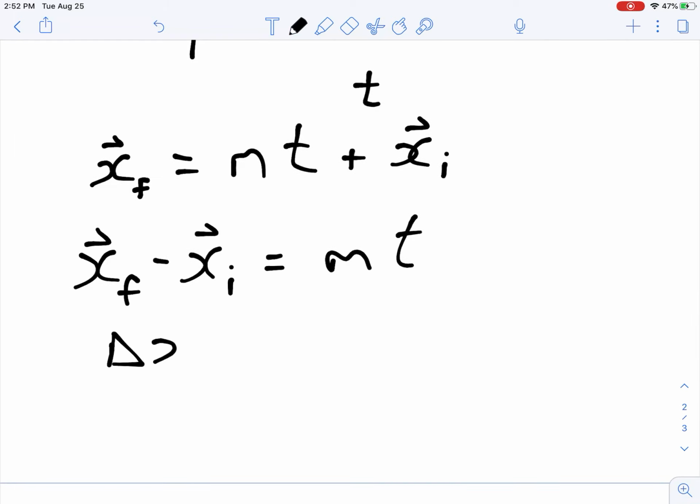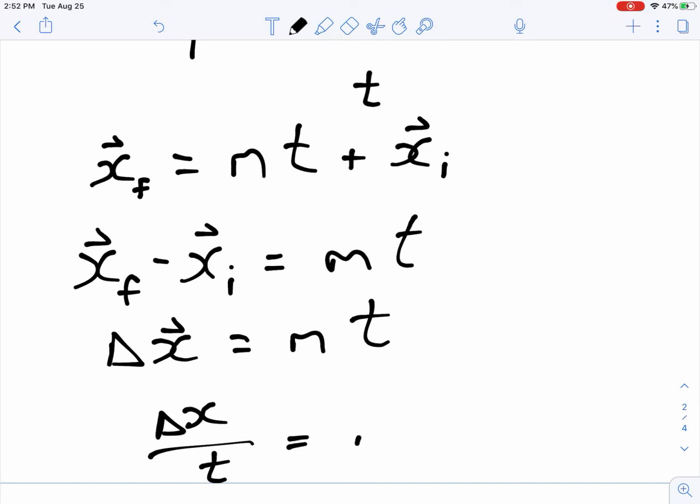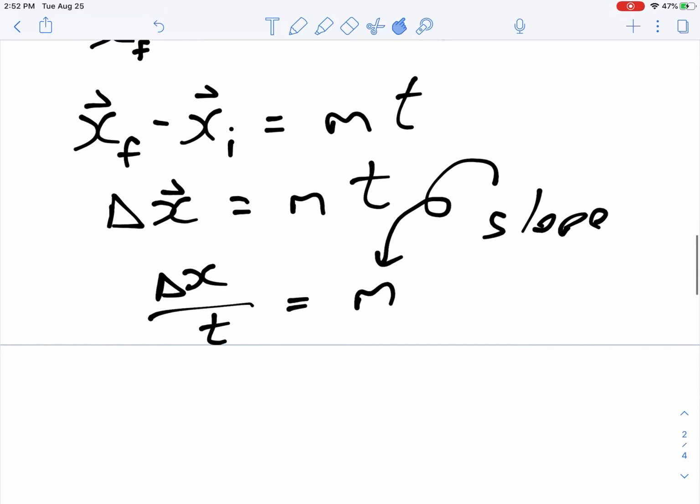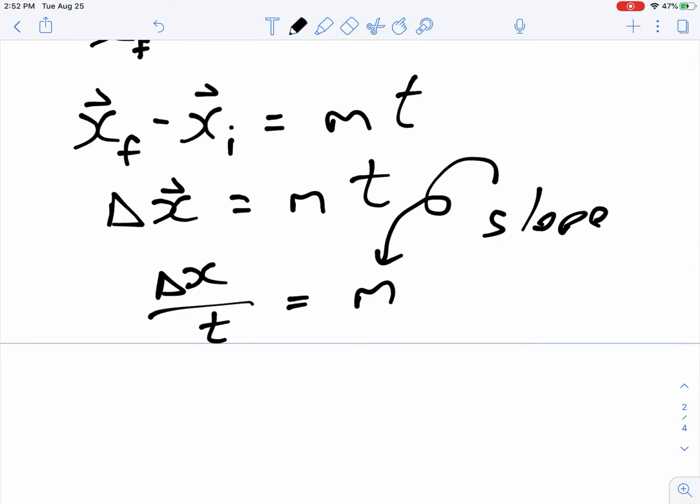So displacement equals mt. And if we keep going, displacement divided by t equals m, which to remind you is the slope. So the slope equals displacement over time.